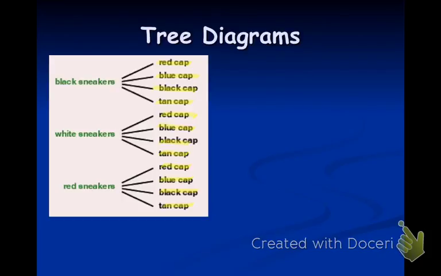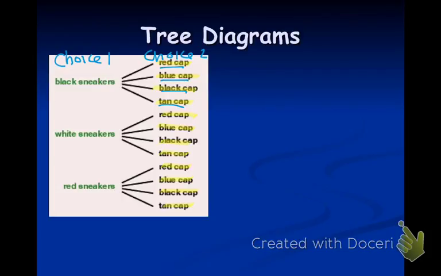So let's see what our original options were. So our first choice was black sneakers, white sneakers, or red sneakers. So we had 3 choices. We had 3 options in our first choice. And then in choice 2, we had 1, 2, 3, 4.